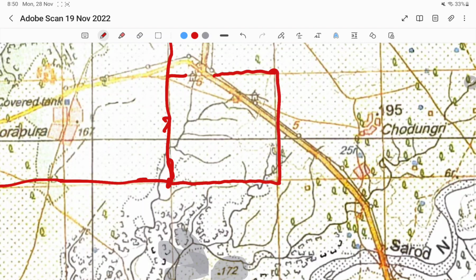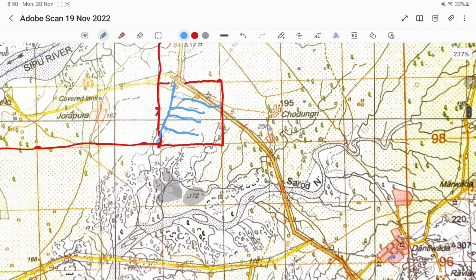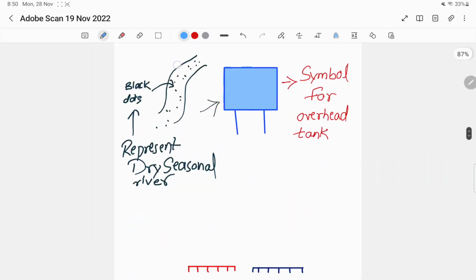Now the question is: what is the type of drainage pattern found in this particular figure? As you can see, students, this is the drainage pattern going on over here, and you must be very well aware of this type of drainage pattern. Let me just show it to you.